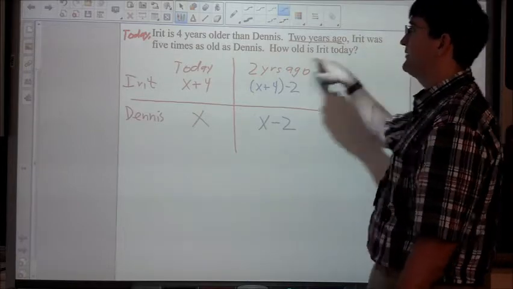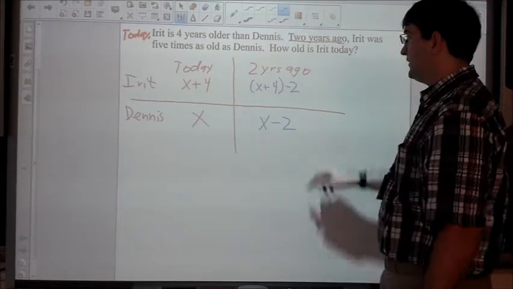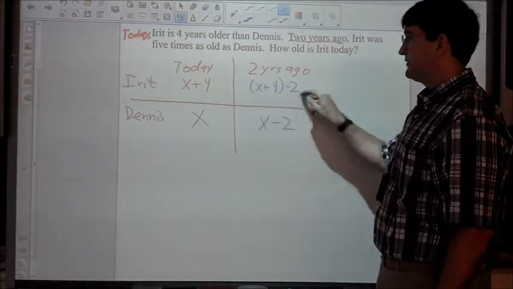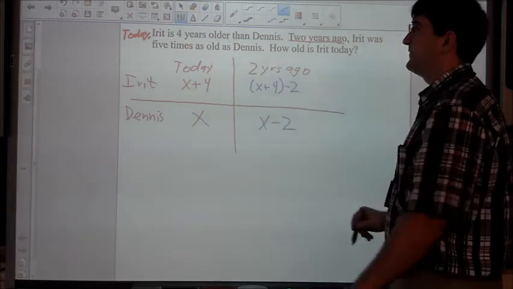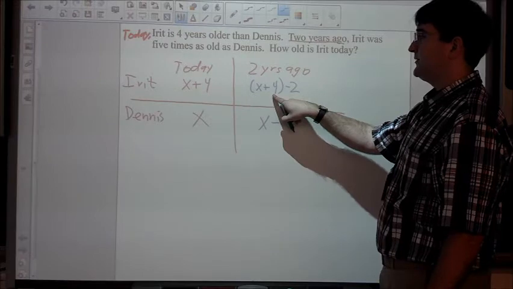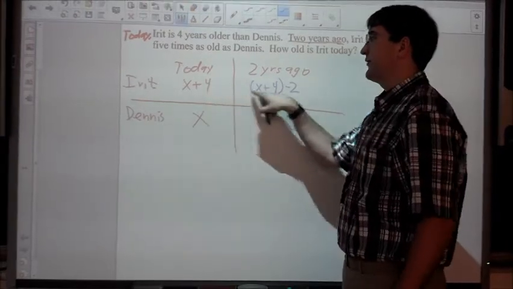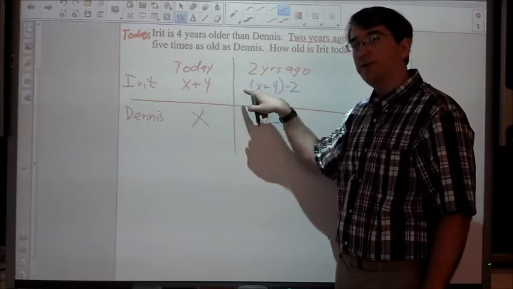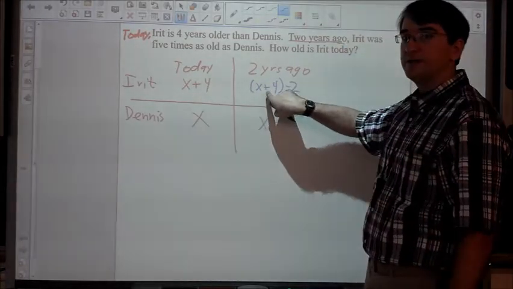But we also know that Arit was 5 times as old as Dennis. So we have an extra piece of information. We know that 2 years ago, Arit, who has this expression for his age, is also 5 times as old as Dennis. So I can kind of think within this row: his age today, and an expression for his age 2 years ago.